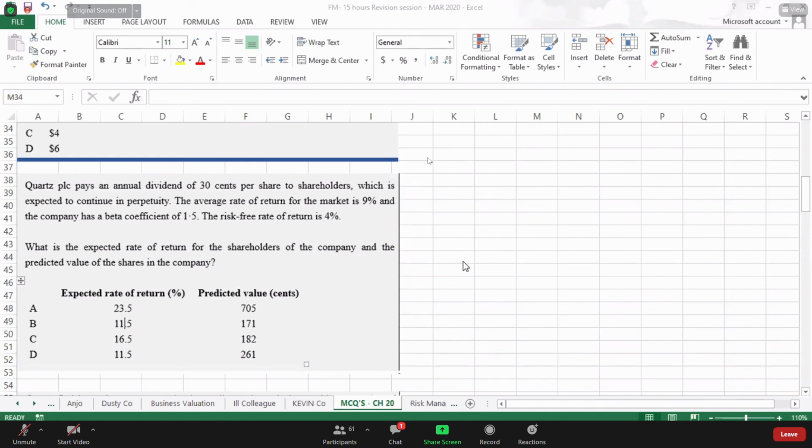Yes, Neha. Yes, Ashwina. Correct answer. What about others?